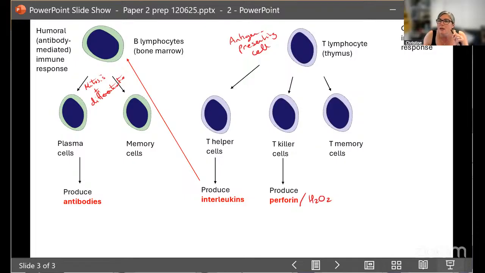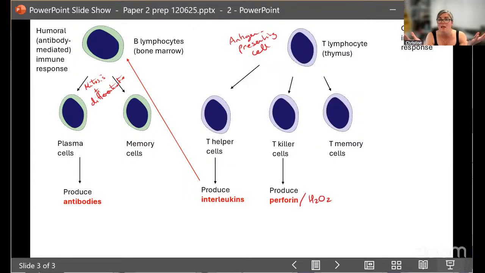Wait, I thought it was the interleukins which activated the B cells. So the activation of the B cells is from the interleukins, but you've also got to remember that the antigen could have actually been encountered by the B lymphocyte. That therefore means that the B lymphocyte, if it's got the right antibody, it itself can become an antigen presenting cell. Because you've got to remember, you don't just want to have one cell.